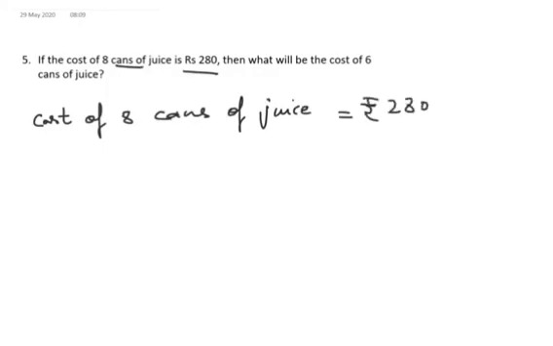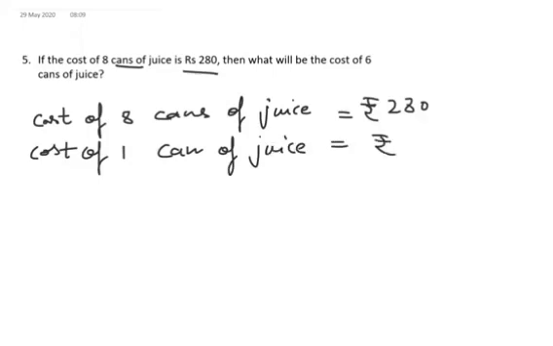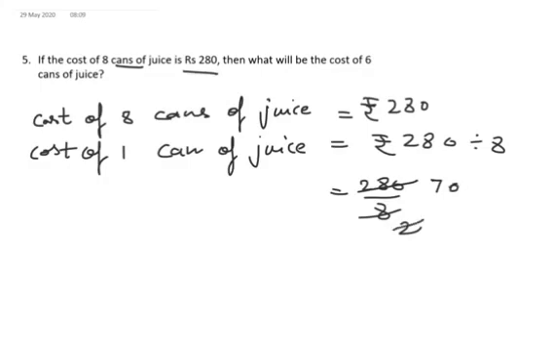The cost of 1 can of juice is equal to 280 divided by 8, 280 upon 8. Can you reduce it by 4? Yes. 4 twos are 8, 4 sevens are 28. 0 as it is, 2 ones are 2 and 35. So the cost of 1 can of juice is rupees 35.